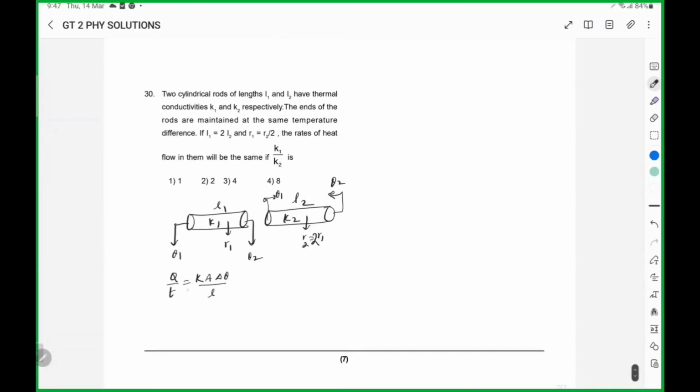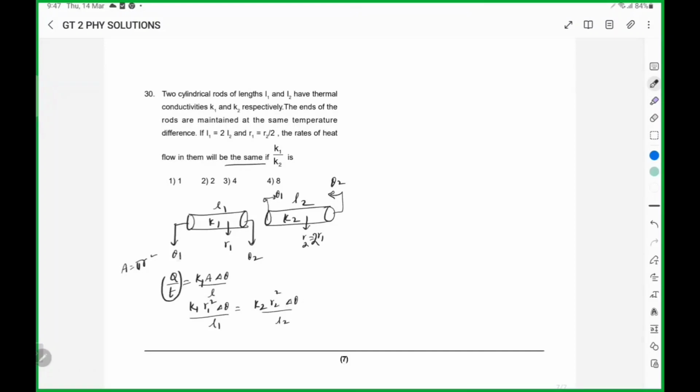Now the rate of heat flow, that is Q by t, will be the same. So K1 A, where A means cross-sectional area, pi constant, R1 square delta theta by L1, equals K2 R2 square delta theta by L2.